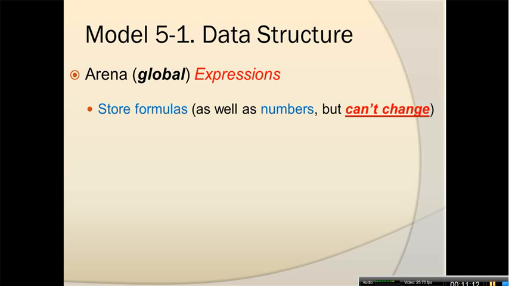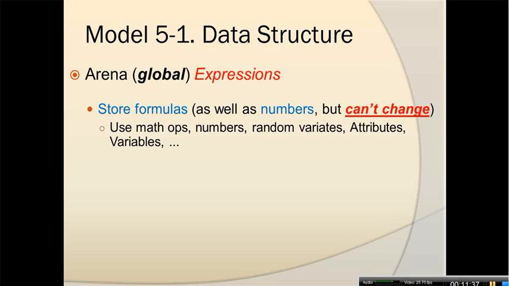An important part to remember is if you do store numbers in an expression, you cannot change them later in the model as the model runs. That's very different from variables, because variables can change during the model run, but expressions cannot.